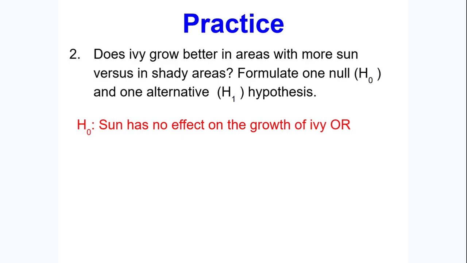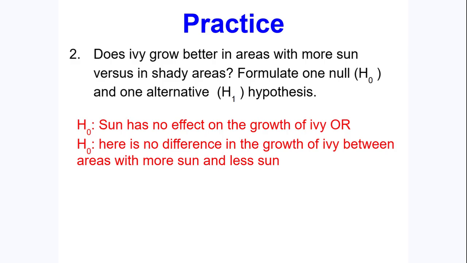So the null here would be sun has no effect on the growth of ivy, or you could have said there is no difference in the growth of ivy between areas with more sun and less sun. I like the first one. It's way less wordy.